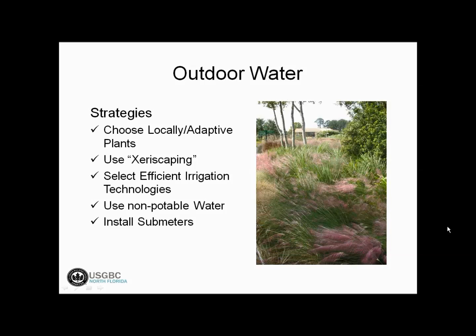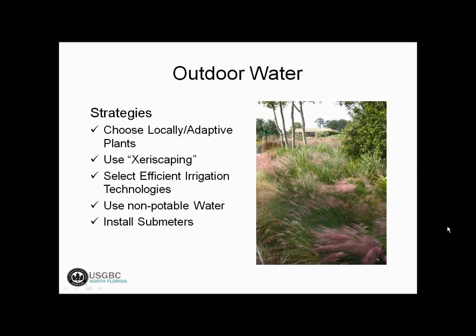Or you can use non-potable water. That's usually the easiest thing for collecting rainwater. Capture it, whether it's rain barrels or a more complex system, and use that for irrigation.